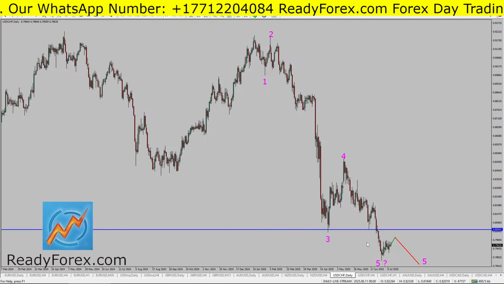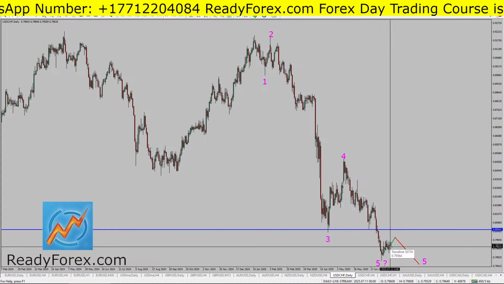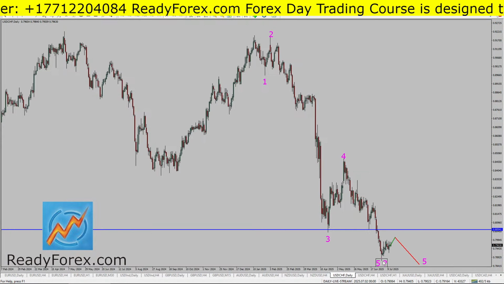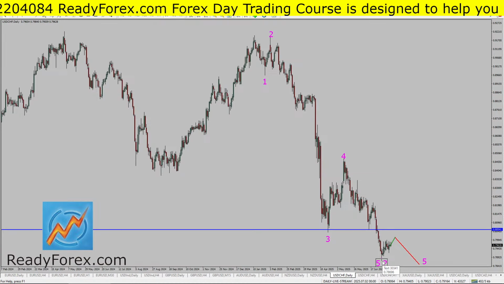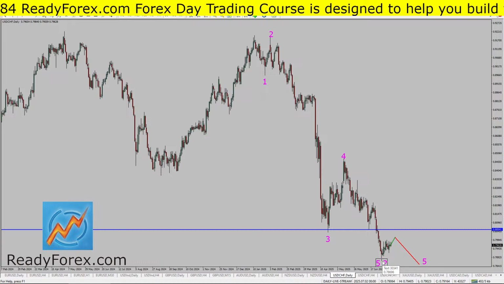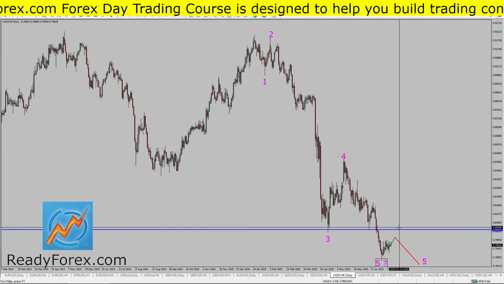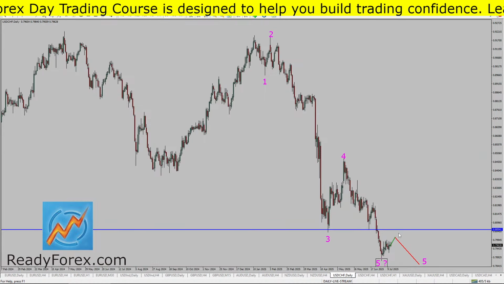Next one is the USD Swiss franc. Swiss franc, I think the move is over, or we might get one more push to the upside and then price action is probably going to drop. So my forecast is bearish. There's a low probability that we get a new high and a breakout above 0.8054 area.